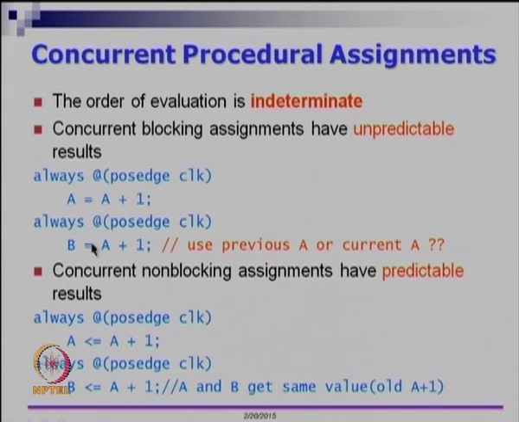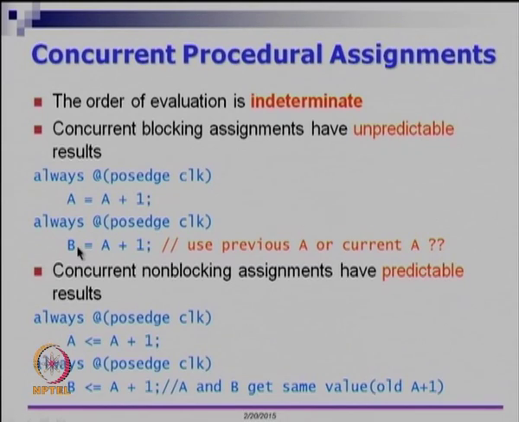And if this always block gets evaluated next, then A has already changed, let us assume, and you are adding 1 to that, again this is a blocking assignment that will go and change B, right. This will happen if this always block is executed before this always block, but because Verilog does not say anything about concurrent procedural assignments, it is possible that this always block gets executed before this always block.